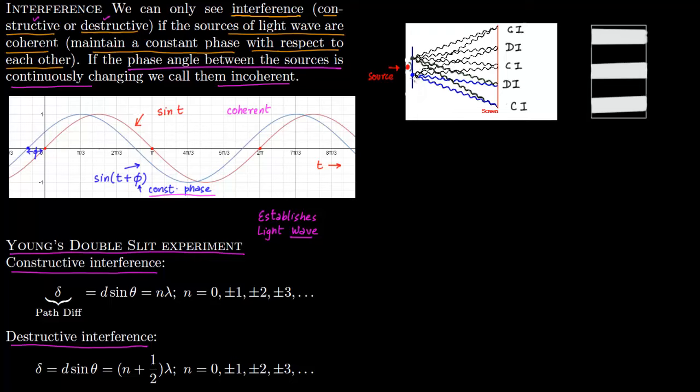Since we are saying that the light is traveling in a waveform, you have, say, this blue indicating the light coming from slit 1 and this green indicating light coming from slit 2. These two waves coming from slit 2 and slit 1 could add to each other.